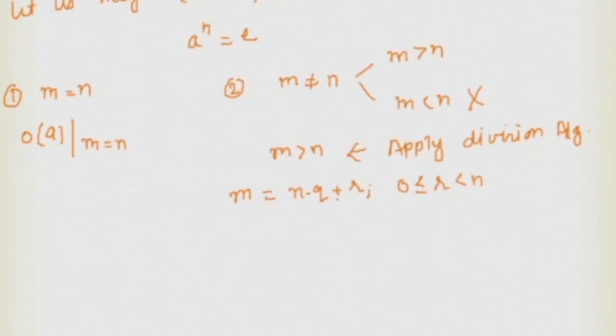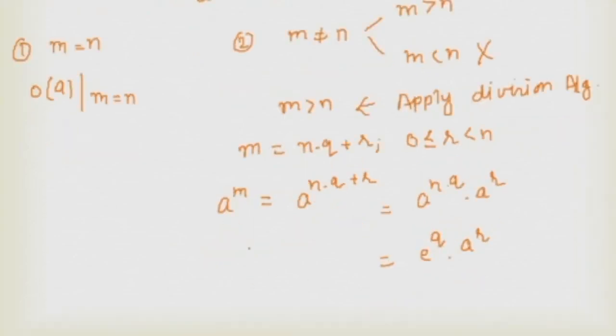If m is written like this, what will be a raised to the power m then? It will be a raised to the power n into q plus r, which is a raised to the power n into q, a raised to the power r. A raised to the power n is already identity, so this is e raised to the power q into a raised to the power r.